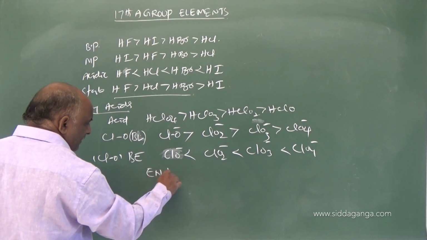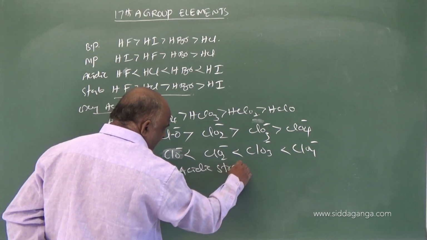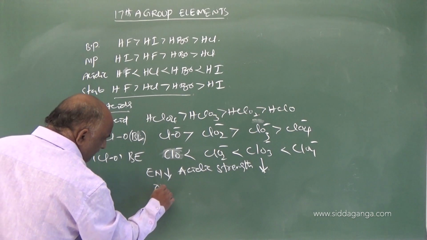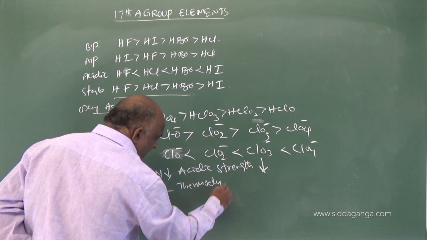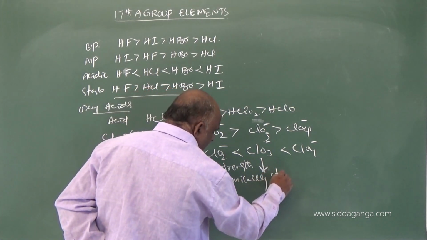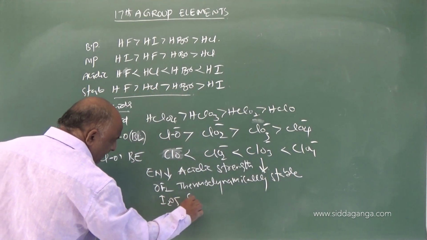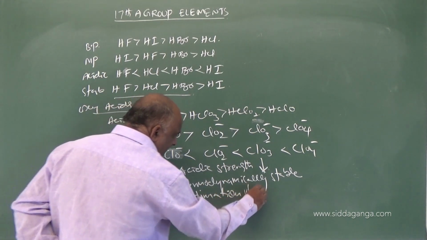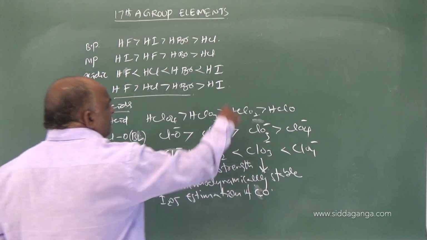Remember, bond energy decreases, acidic strength decreases, and OF2 is thermodynamically stable. And I2O5 is used in the estimation of CO. These points are very important.